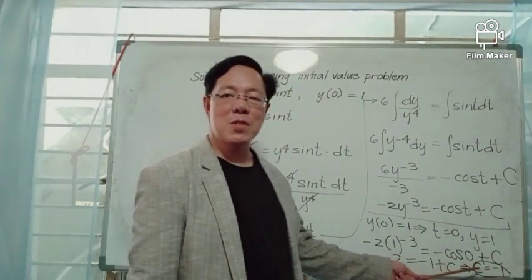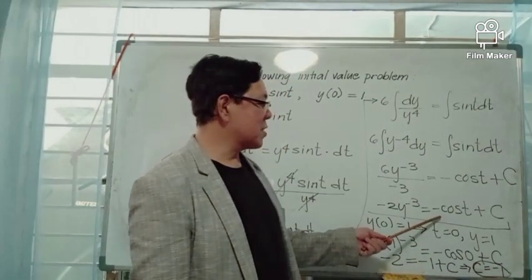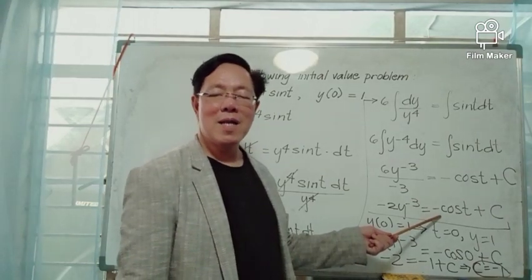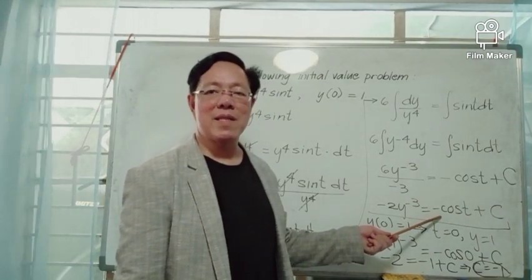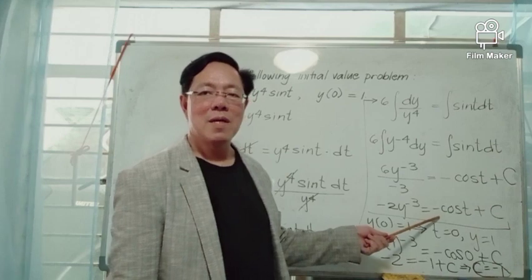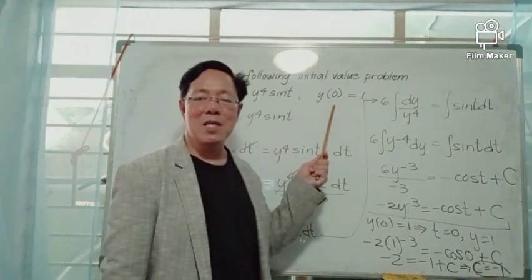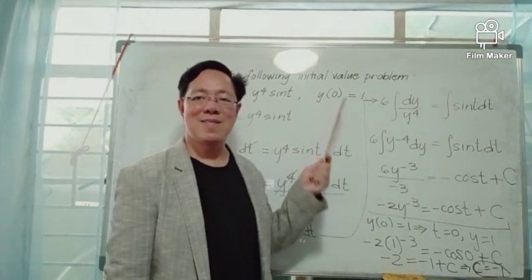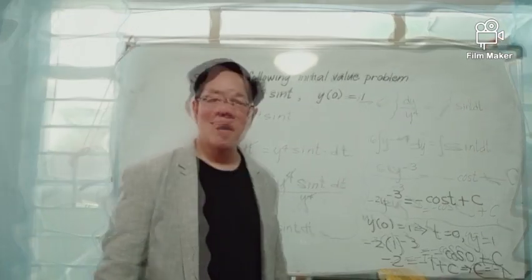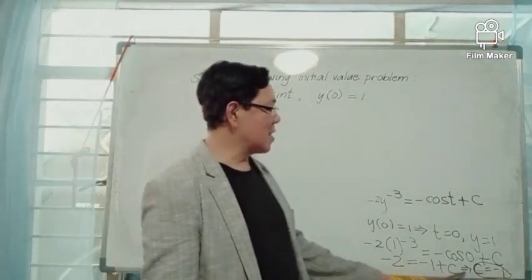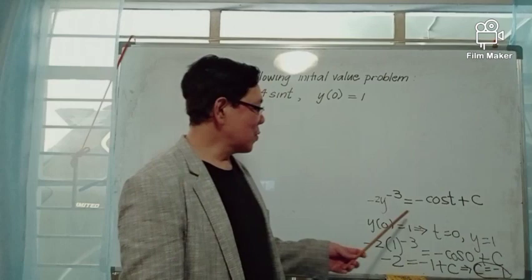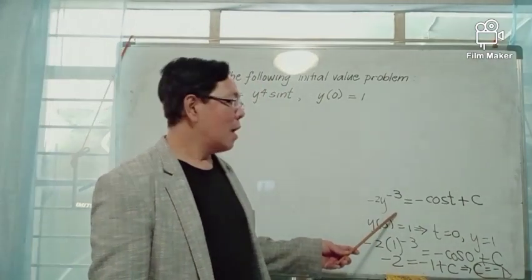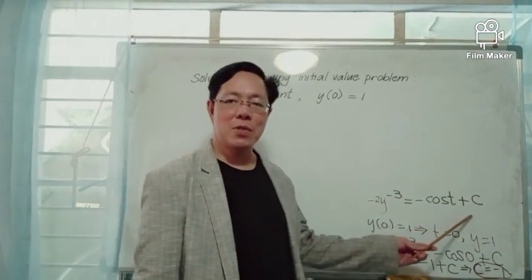And we will substitute the value of c in the general solution. And after the substitution, you get the particular solution that corresponds to the initial conditions given. We now substitute our value of c, which is negative 1, into the general solution to obtain the particular solution.